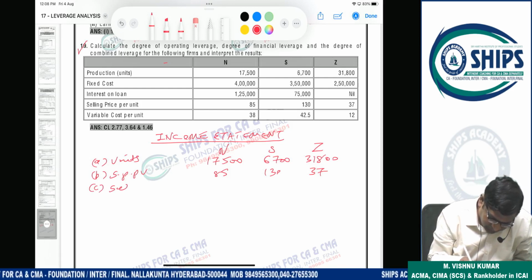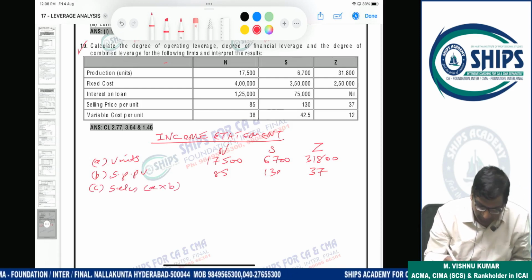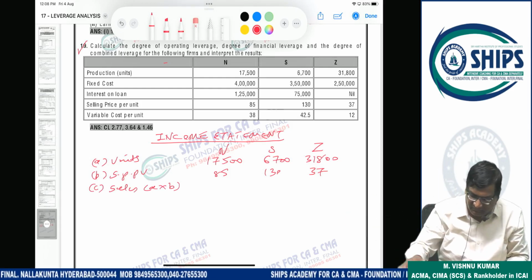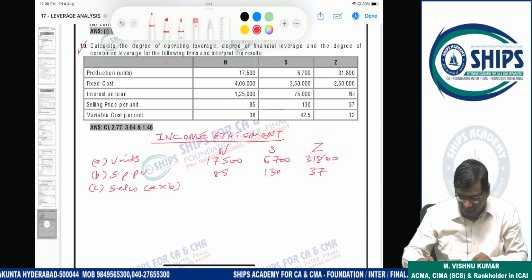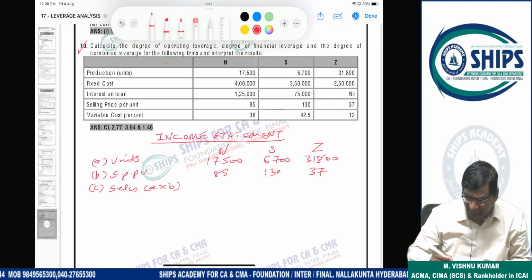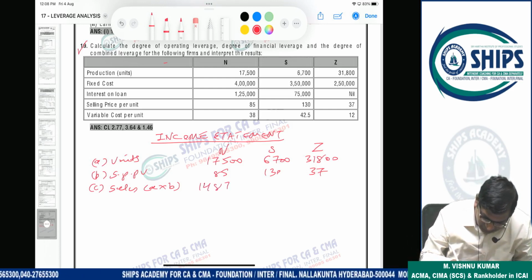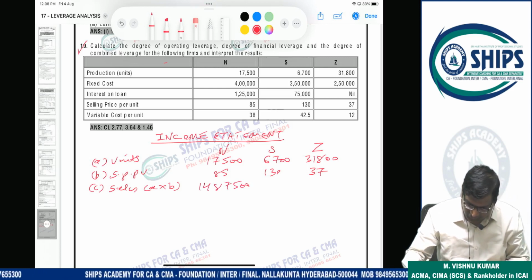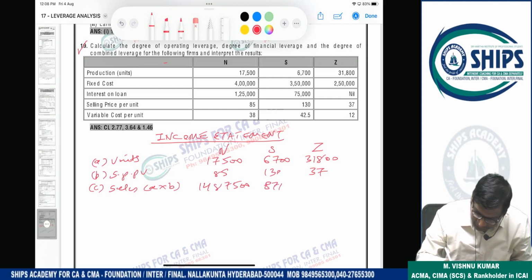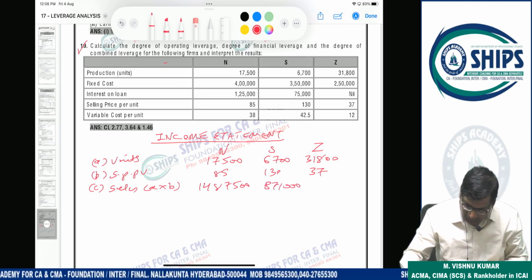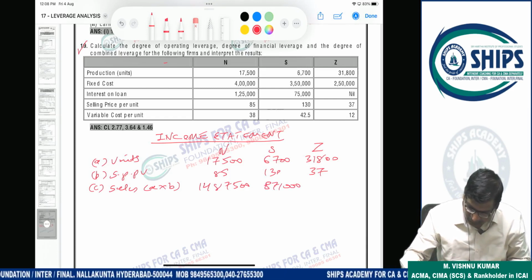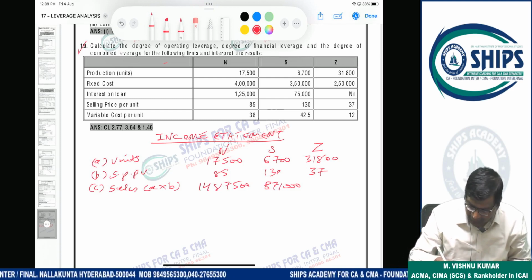Now sales, units into selling price. So 17,500 into 85 कितना रहा है, 14,87,500. 6,700 into 130, 8,71,000. 31,800 into 37, 11,76,600.